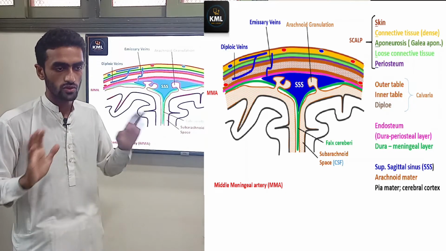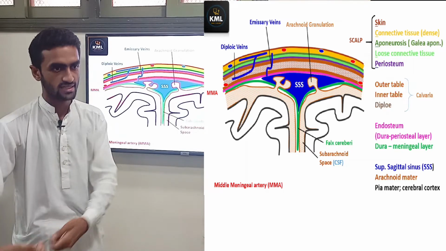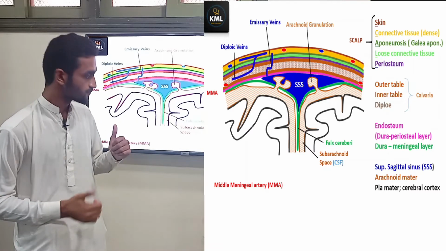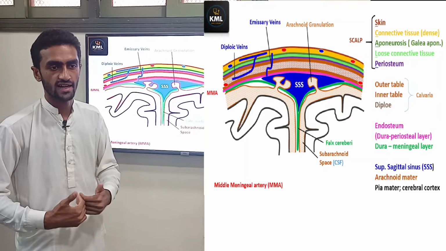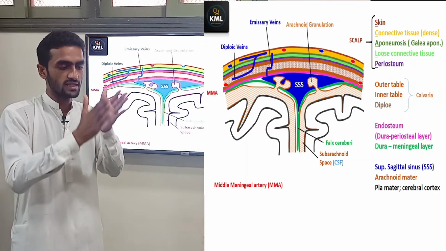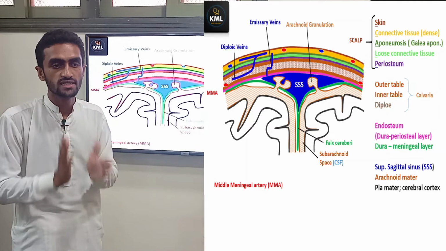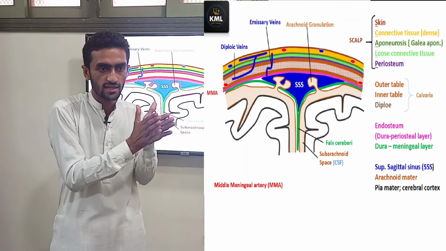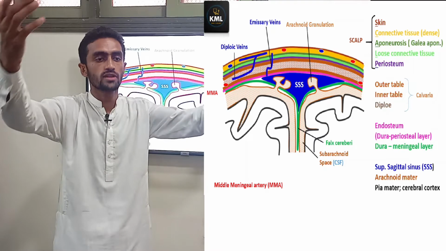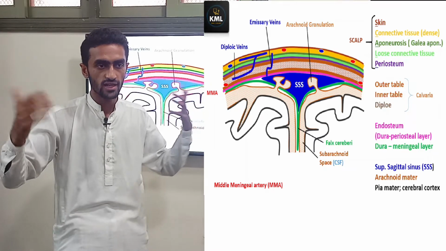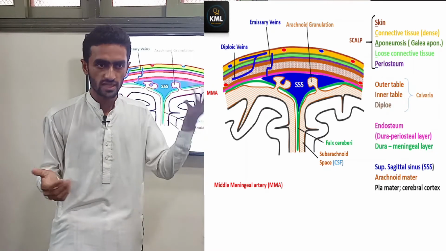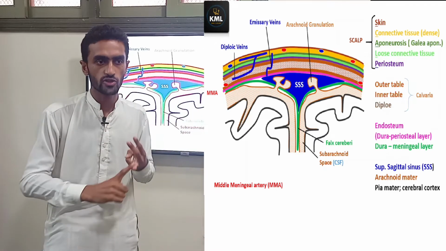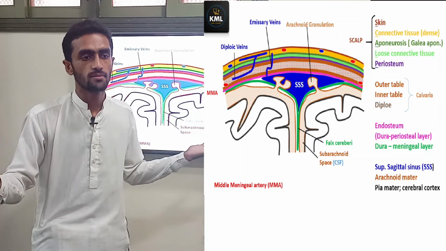So we don't confuse it, I will discuss it later. Then the arachnoid. Between the arachnoid and pia mater is your subarachnoid space. Between the arachnoid and the dura is the subdural space. Outside the dura is the epidural space. So there are mainly three spaces: epidural, subdural, and subarachnoid.